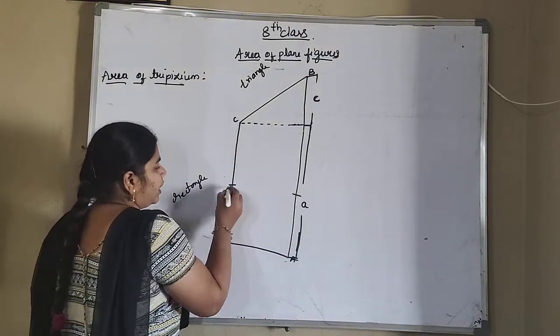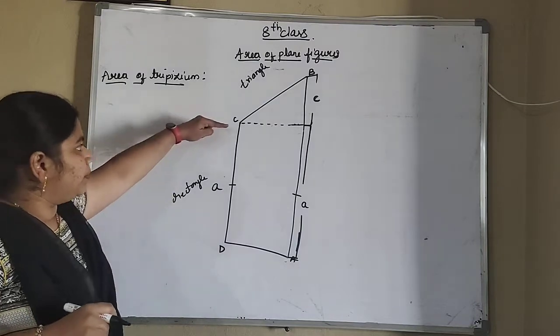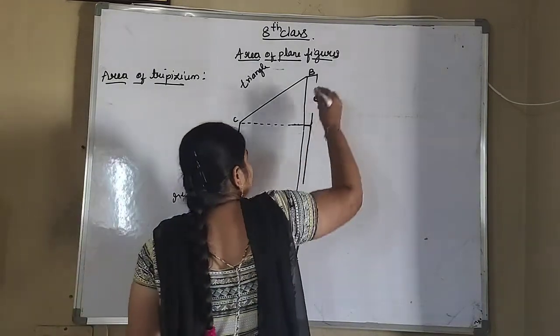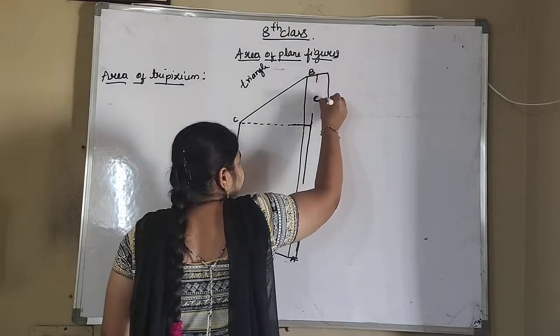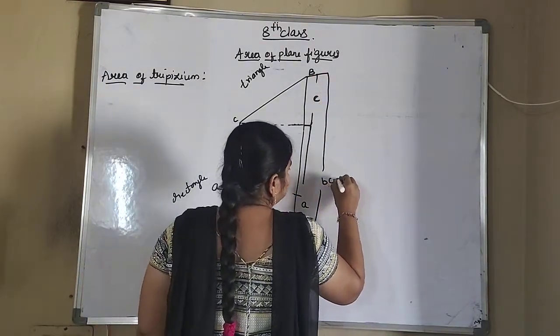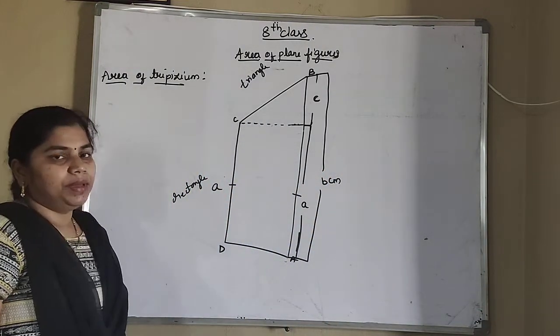So if it is A here, here also it will be equal to A centimeters. In this, the total length I am taking as B centimeters.